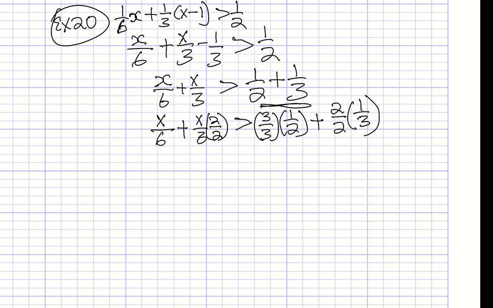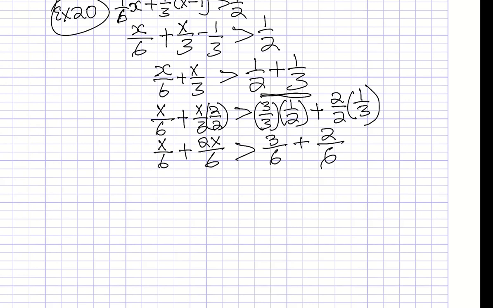Now check this out. x over 6 plus 2x over 6 greater than, what is that, 3 over 6, right? Plus 2 over 6. You see it, right? That's why we had to do it that way. We'll have the same denominator. All right. So now we can simplify over 6.